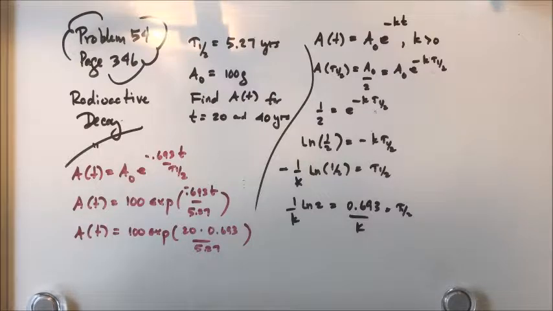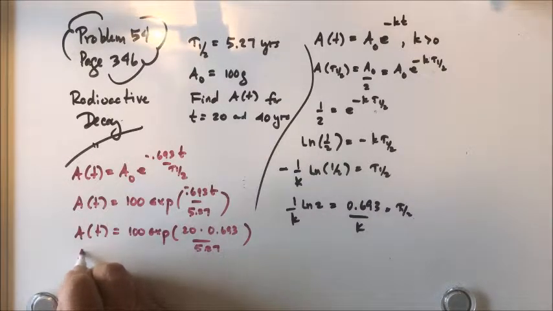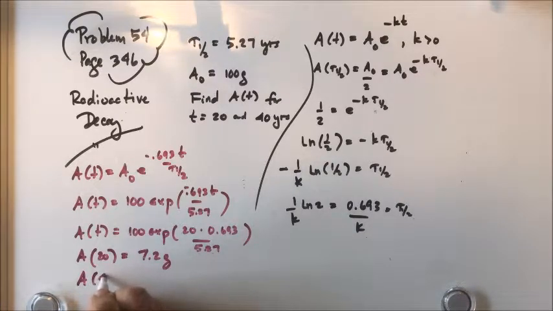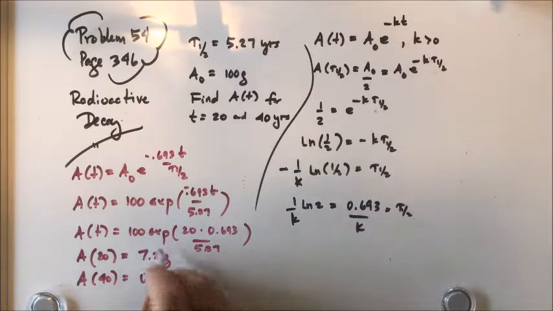Change sign, e to the x, and I have to multiply by 100, and I get an answer that says A at t equals 20 is equal to 7.2 grams. And I think I can do this very quickly if I put in 40. All I have to do is recall this 2 times, change sign, e to the x, multiply by 100, and I get 0.52 grams in that case.